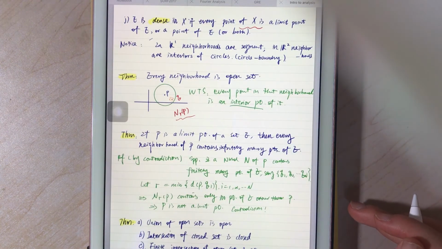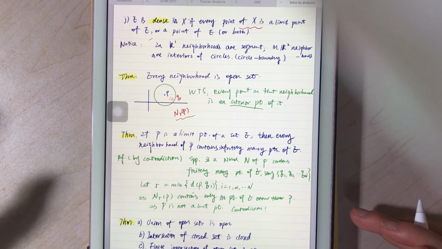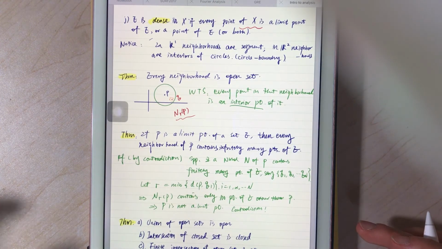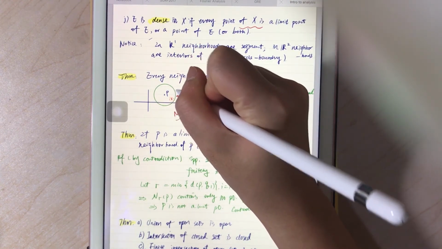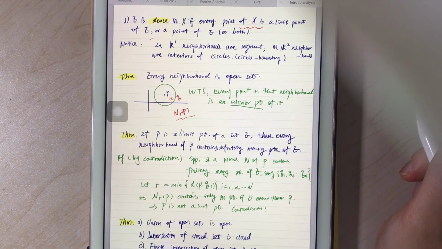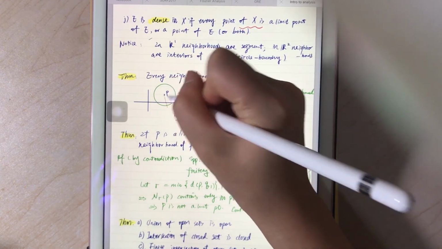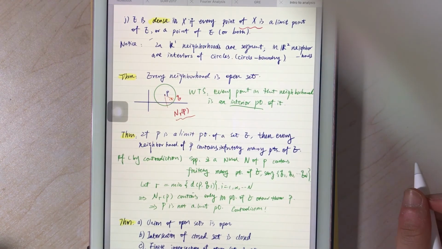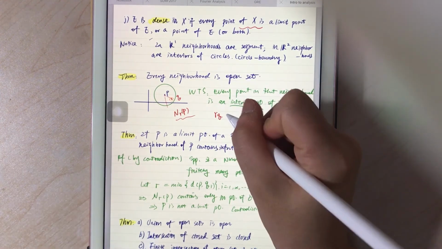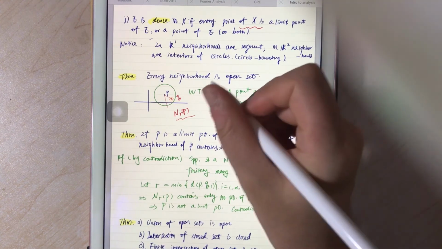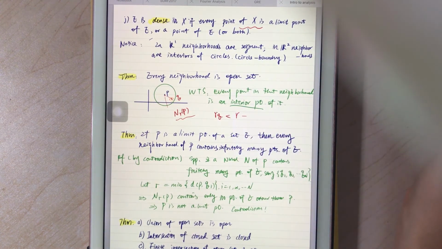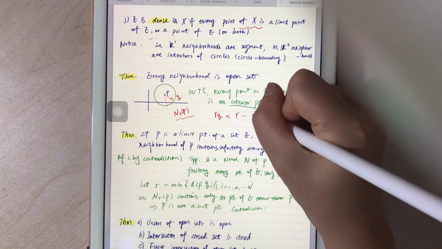So to show that Q is an interior point of the neighborhood of P, we just need to find some radius such that the neighborhood of Q is contained in the original set, which is the neighborhood of P. We can find such a neighborhood because we only need to take the radius of the small neighborhood, r_Q, to be smaller than the radius r of the neighborhood of P minus the distance between P and Q.